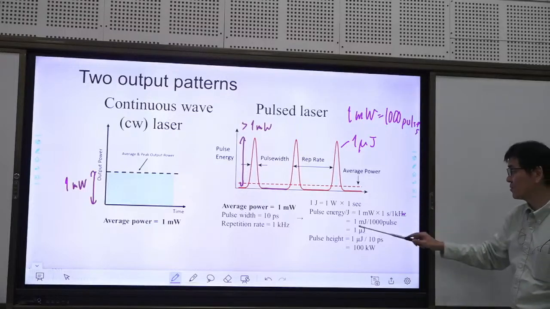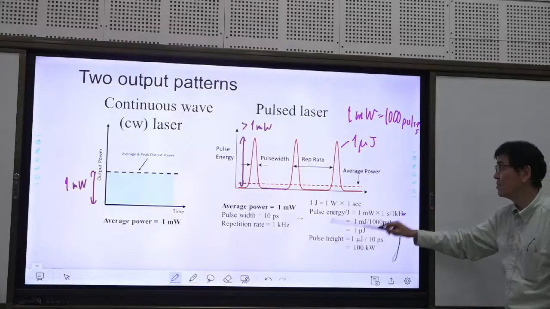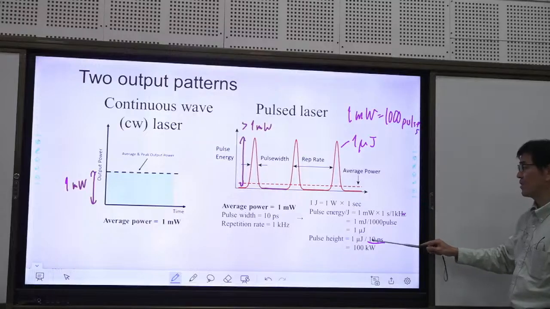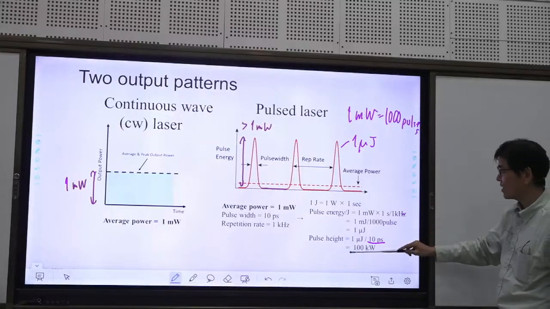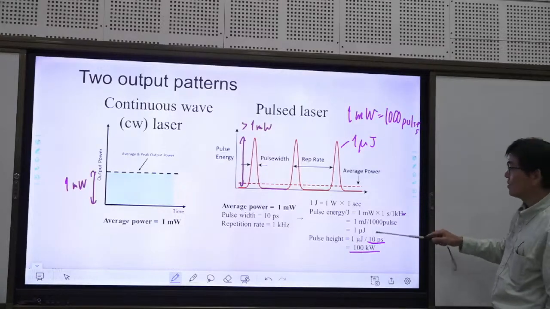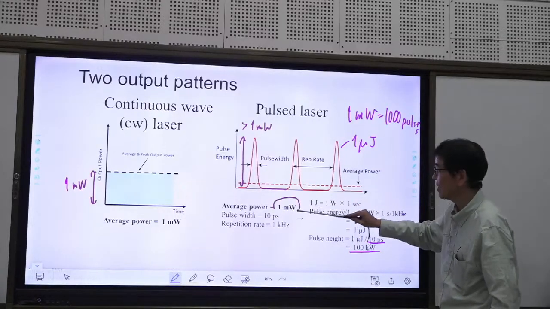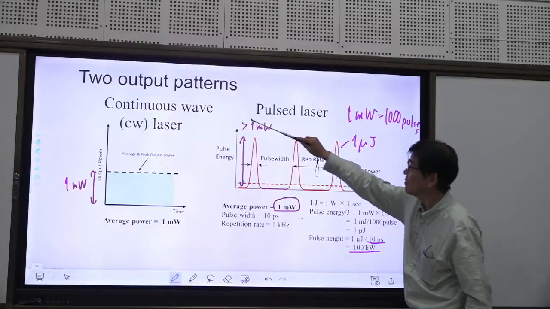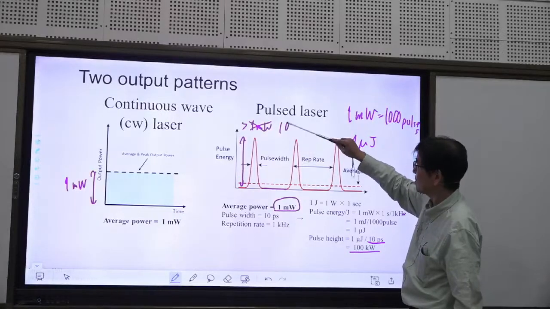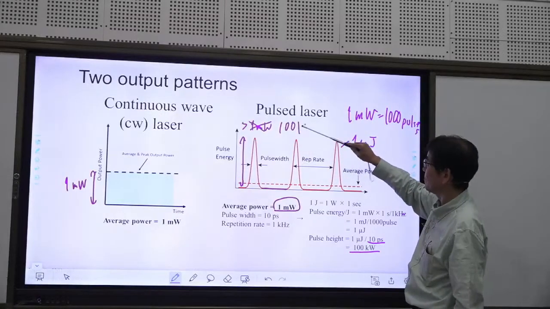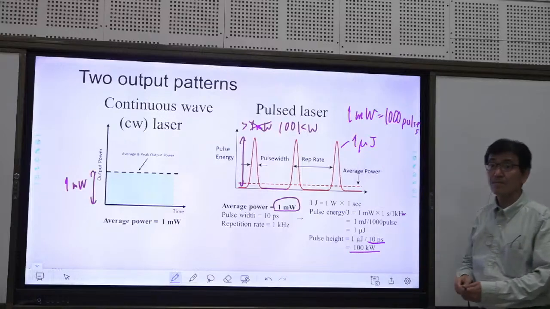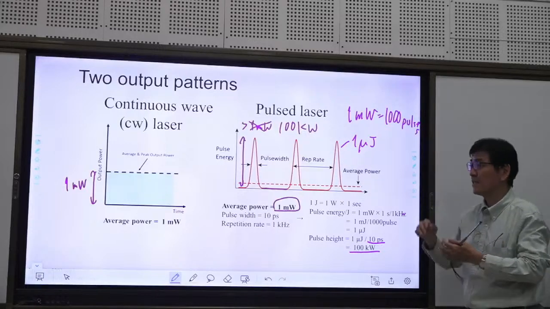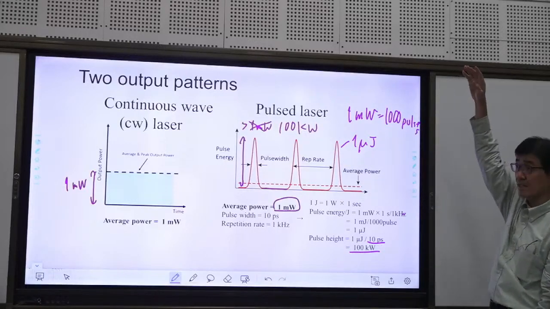Then 1 microjoule pulse flashes only in 10 picosecond. So divide by 10 picosecond, and we get this value. So average power may be 1 milliwatt, but in this case 100 kilowatt. Okay? So pulse laser achieves very high laser intensity in a short time.